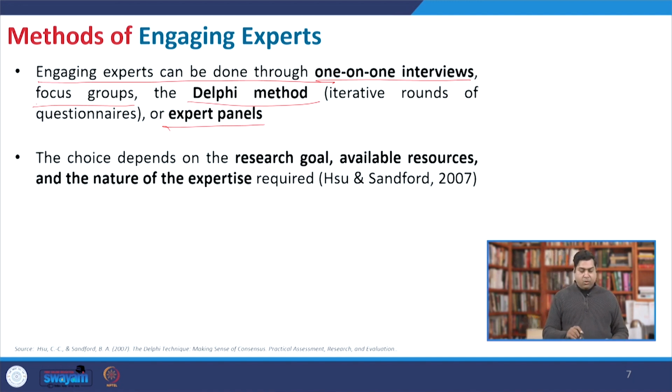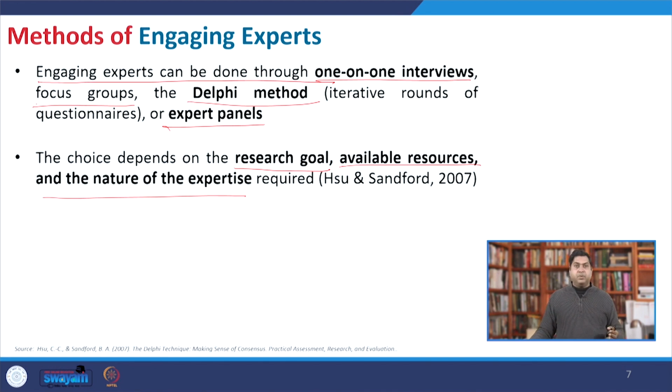The choice of one-to-one interview, the Delphi or the panel of experts will all depend on the research goals that you set, the available resources that you have, and the nature of expertise that you require. So, if it is a very homogeneous group and it is doable, take a personal interview.